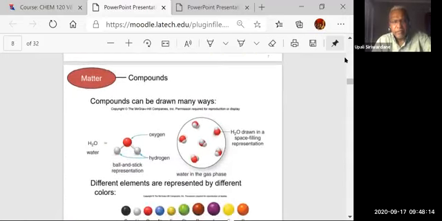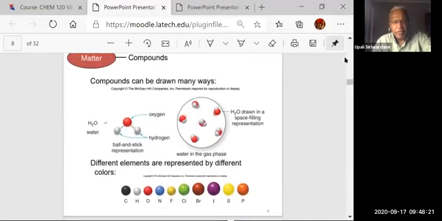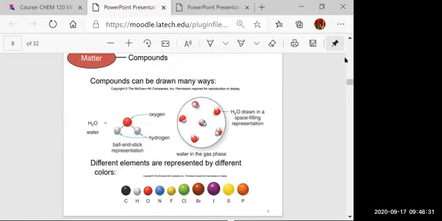Compounds have more than one kind of atom. So in this water molecule, in the atomic or molecular or nano view, oxygen is bonded to two hydrogens, and there are different representations.